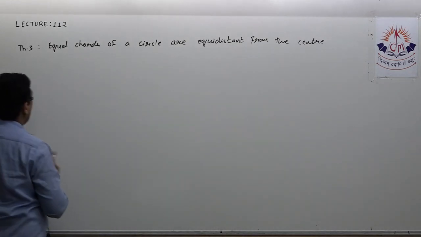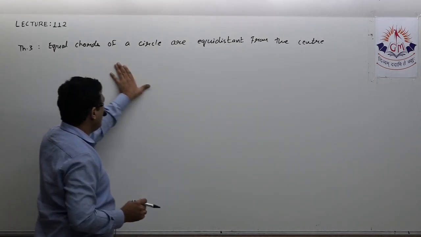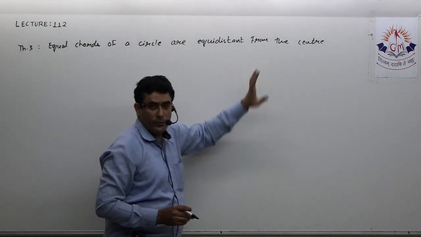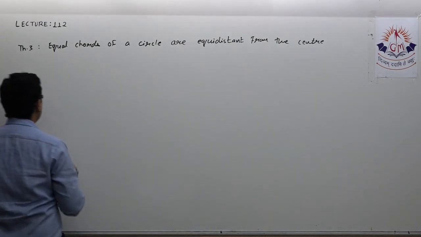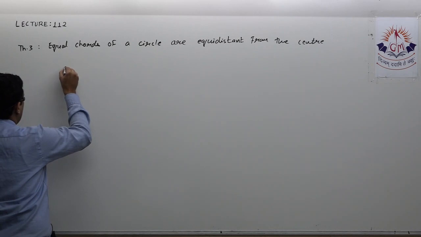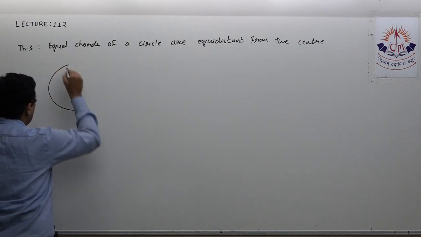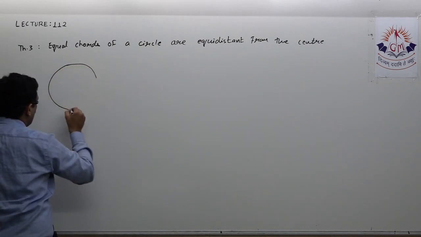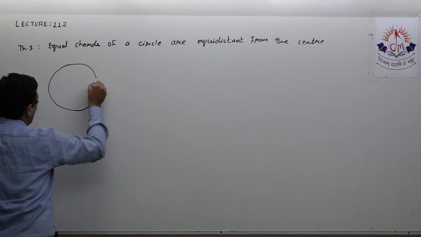Now what it wants to say is, if the chords are equal, then their distance from the center must be equal. That we have to prove. So we have a circle and it has two chords which are equal in length.